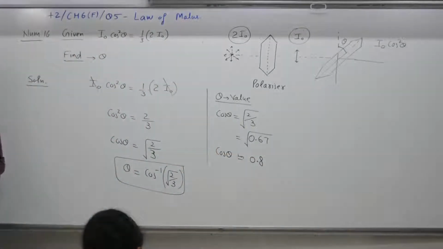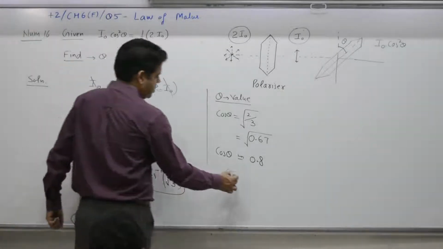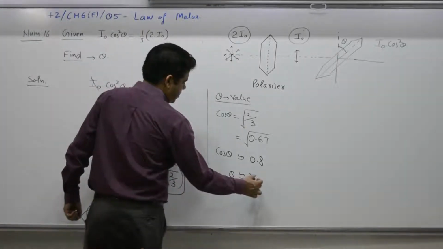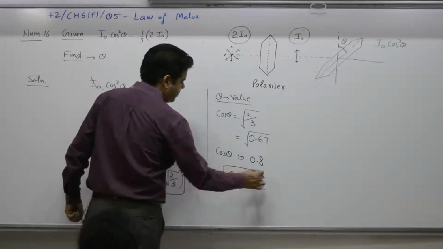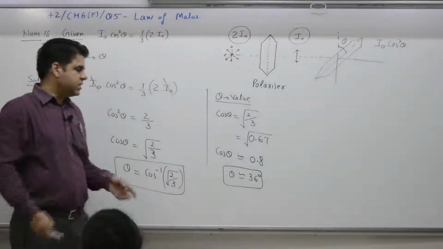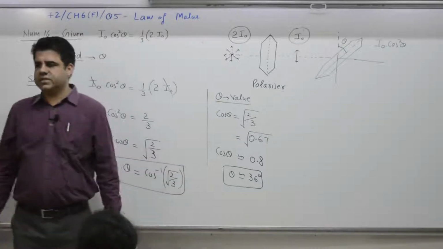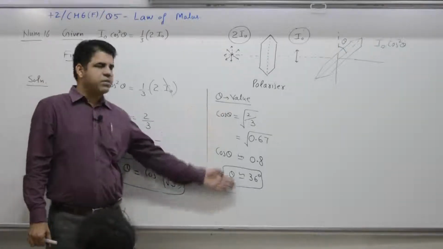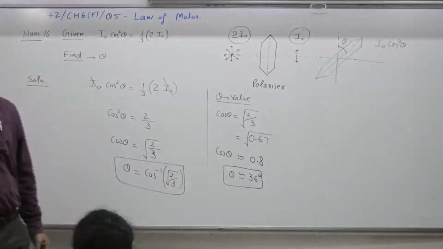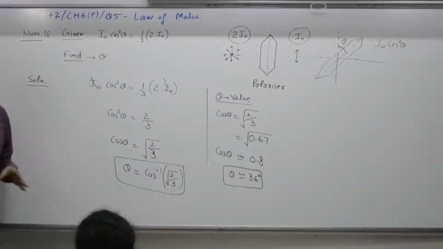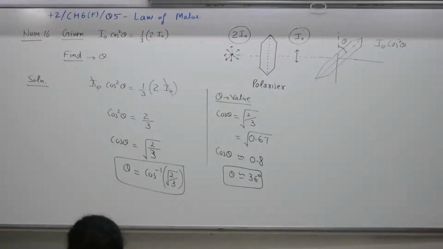When cos theta is 0.8, theta is approximately 37, or 36 degree. It is approximate only. Exact you can see from the table. This is 1. Now try numerical number 18.